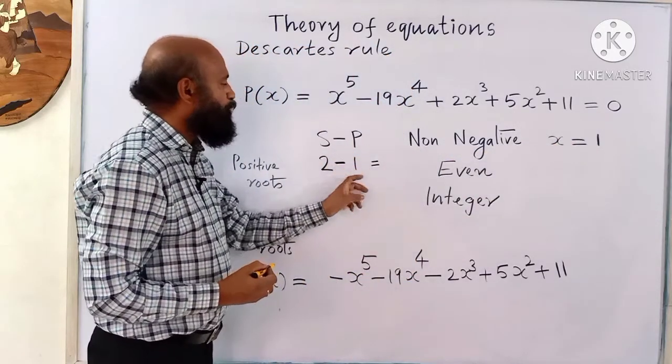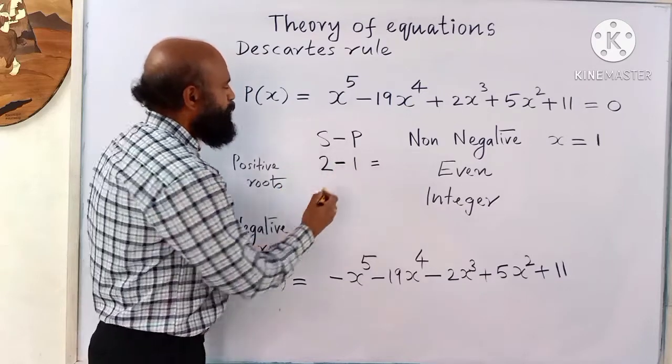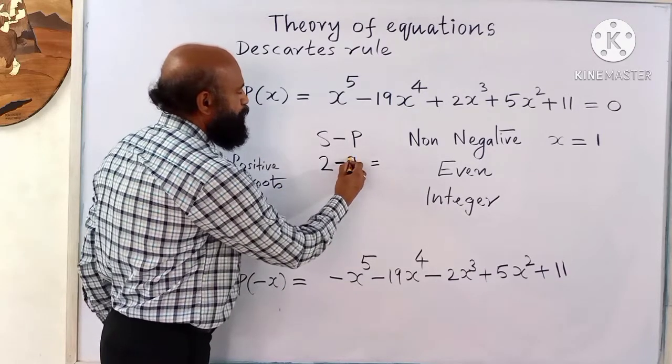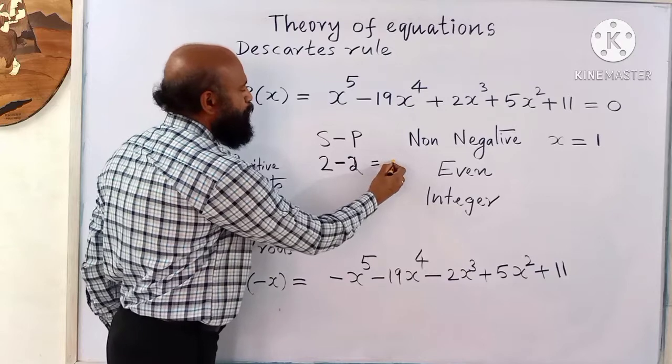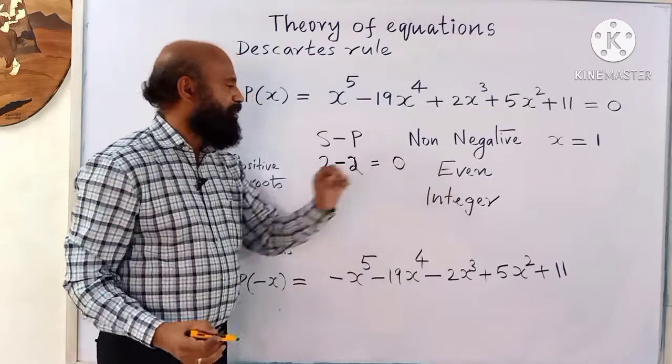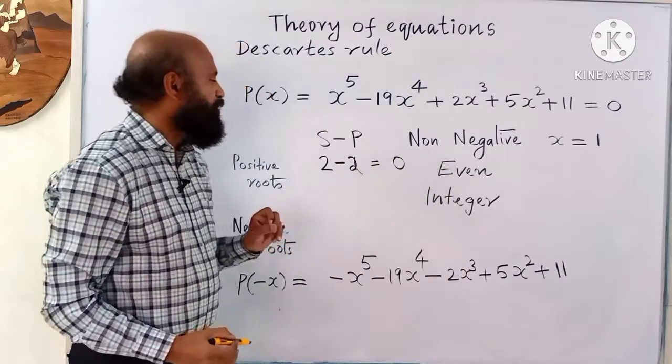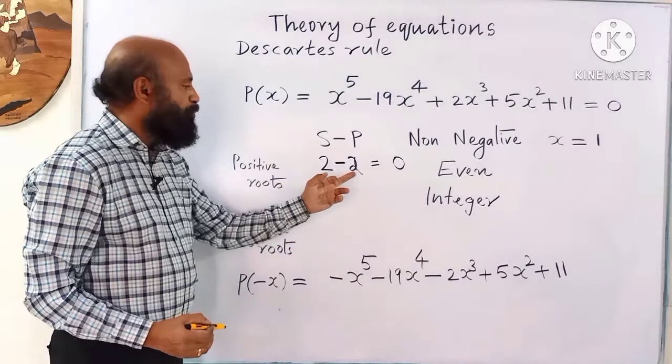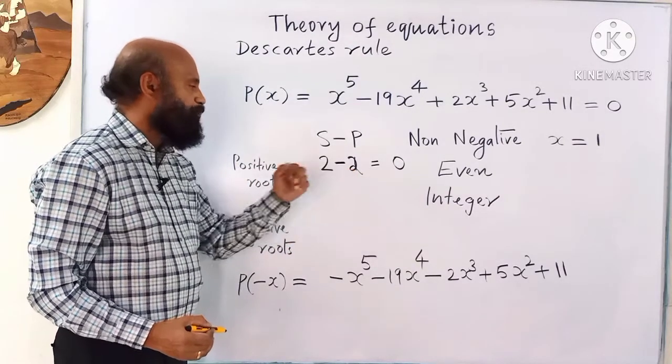So the number of positive roots cannot be 0. So compulsorily it should be 2. Then only 2 minus 2, 0, can be considered as even.